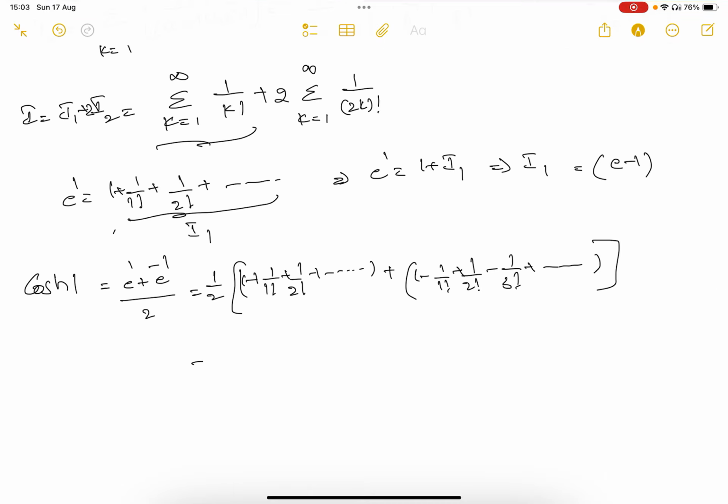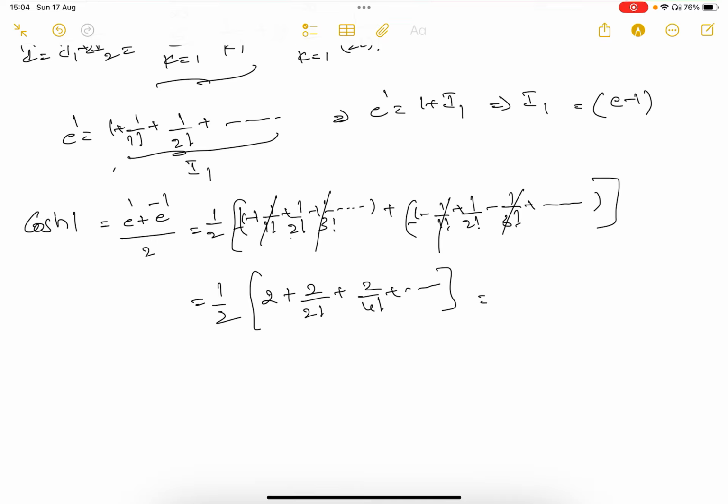So here this will be 1 by 2 into, as you can see, 1 by 1 factorial goes, here it will be 1 by 3 factorial. The only remaining terms are here, in this case 1 plus 1, 2, plus 1 by 2 factorial plus 1 by 2 factorial, 2 by 2 factorial plus 2 by 4 factorial plus and so on. If you take the 2 common in the numerator, it will be 1 plus 1 by 2 factorial plus 1 by 4 factorial and plus so on.